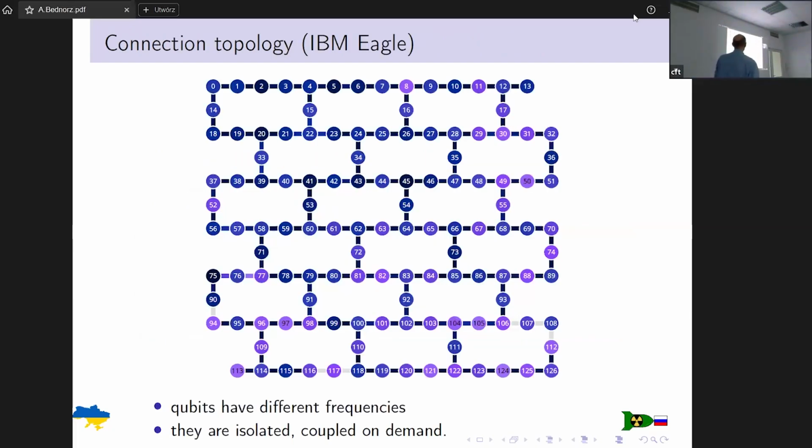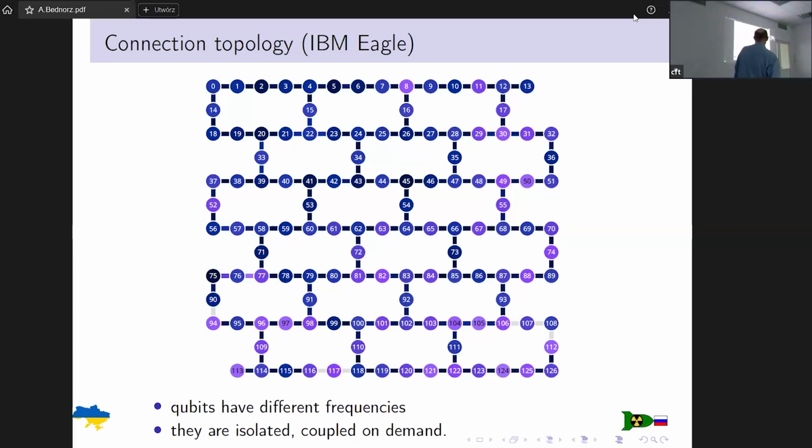Well, this is now a topology, for example here, IBM Eagle. In reality it looks like a honeycomb lattice, just modified to have all these qubits in a line. These colors represent some errors, but the main thing is that all these qubits have different drive frequencies. That's what's important. There are connections because you want to make two-qubit operations in quantum computers.